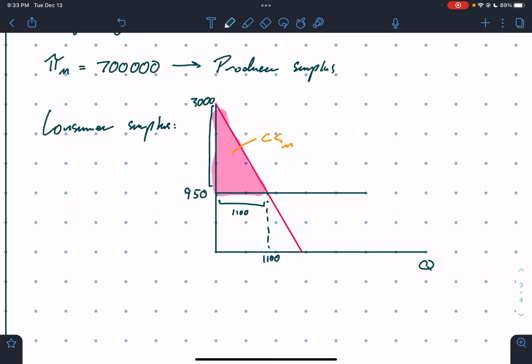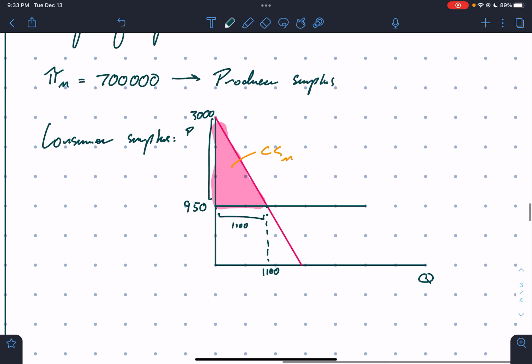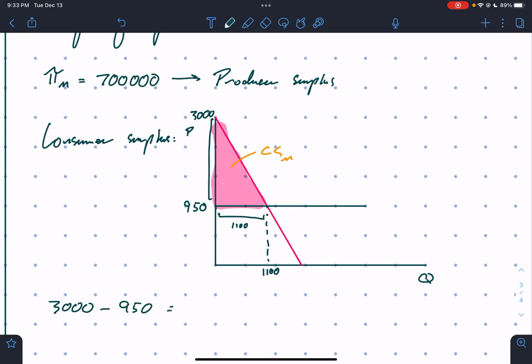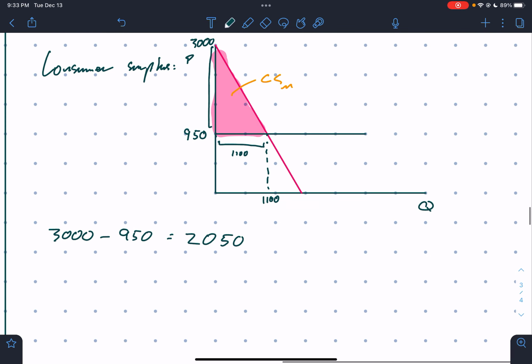I should label my axes here, sorry. And then the height of this part right here is going to be 3,000 minus 950. So this is going to be 2,050. So the consumer surplus here is going to be 2,050 times 1,100 divided by 2.